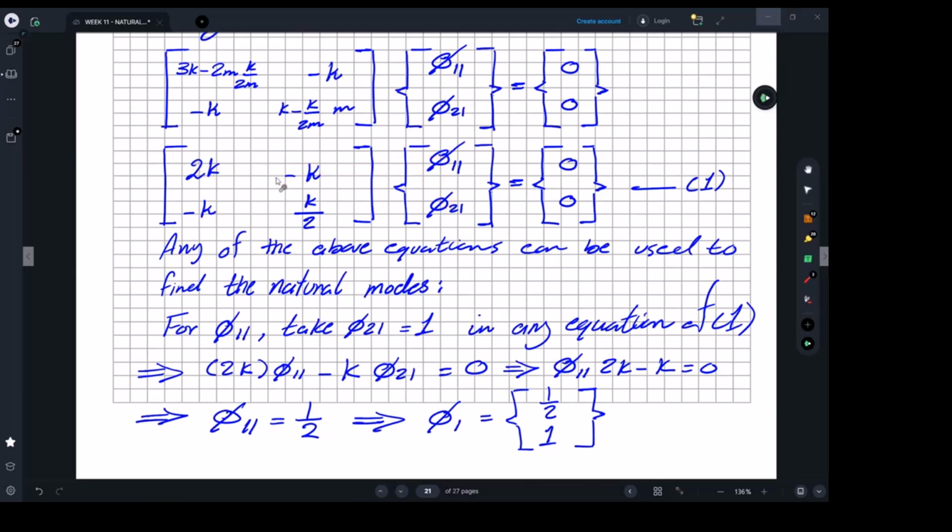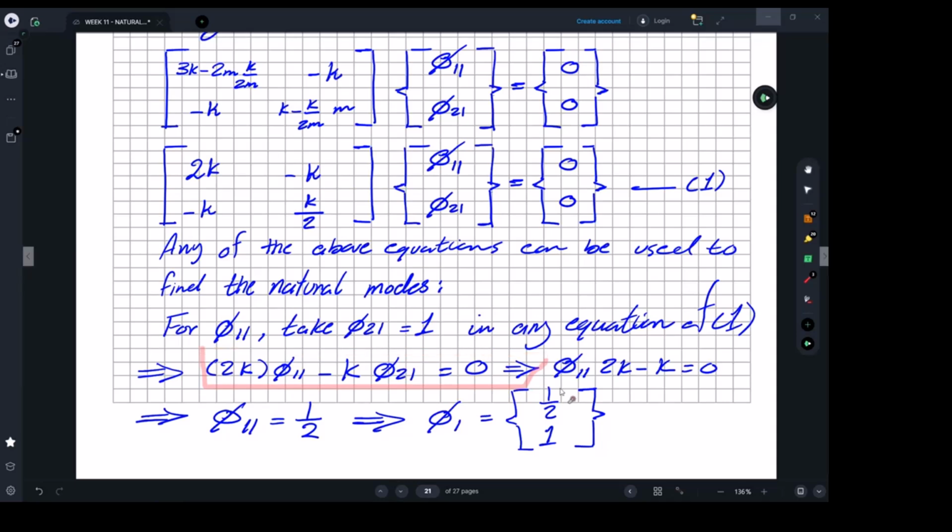We have two equations here, so you multiply this by phi 11 and this unit by phi 21, and all that becomes one equation. Basically, we convert the coupled matrix to one equation. Either you can use the second one, it's up to you. Typically it will give you the same answer. What we did now was take one equation of the coupled matrix, and that was the equation I'm talking about here.